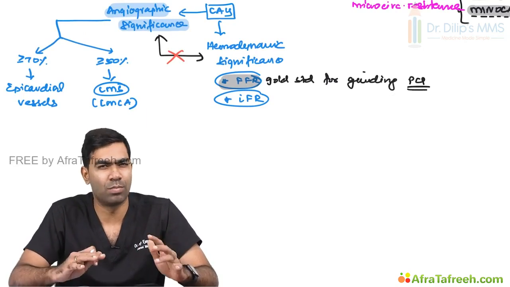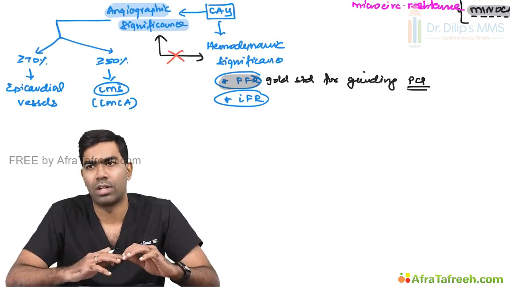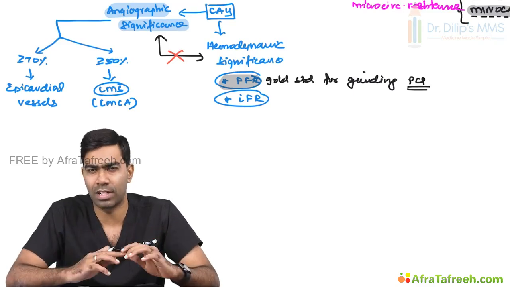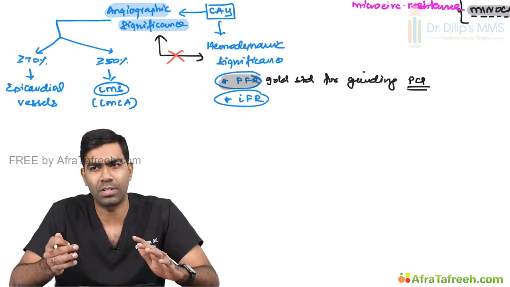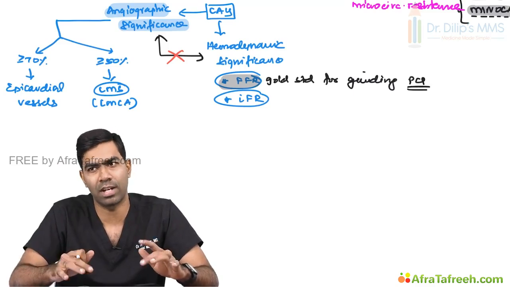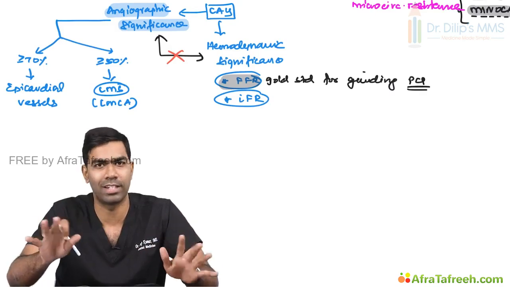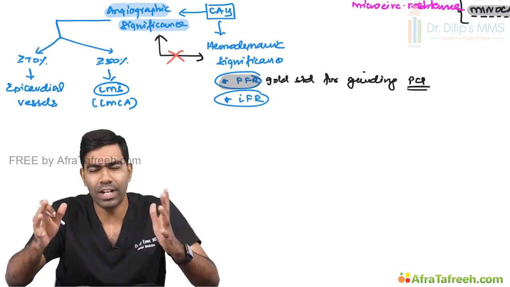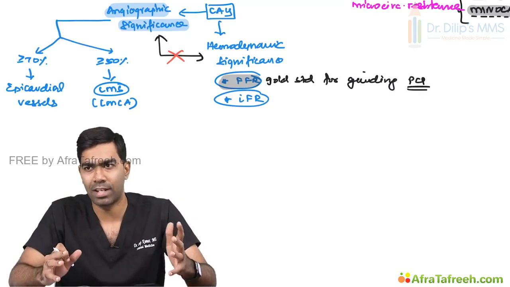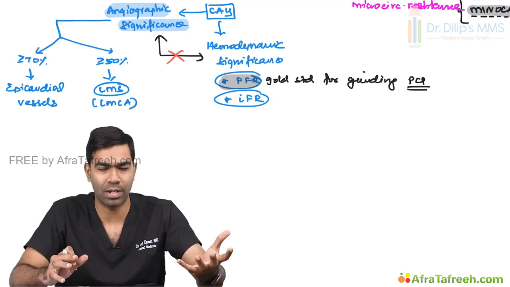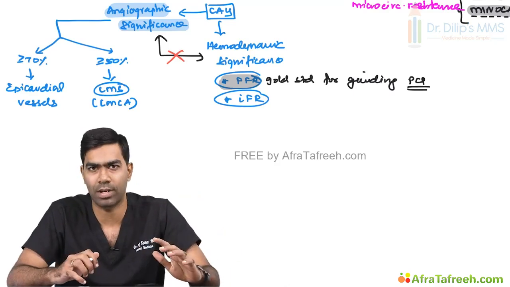Less than 50% mostly won't have any issues, because that will not be functionally significant most of the time. More than 90% will anyway be functionally significant, because the patient will have chest pain at rest itself. Rest pain means it is significant. 50 to 90% is the place where it may or may not be significant hemodynamically.